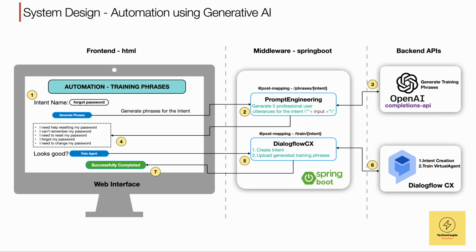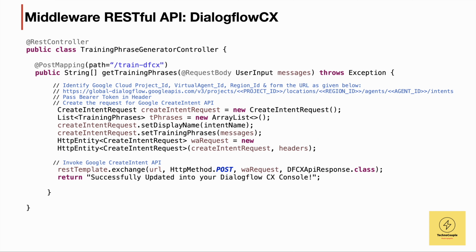If the user wishes to regenerate phrases, they can again enter the intent in the text box and click the Regenerate button. Once the phrases are generated and the user is okay to move forward, they can click on the Train Agent button. On the click of a button, we call the Spring Boot application to create intents, to which we pass the previously generated training phrases list.